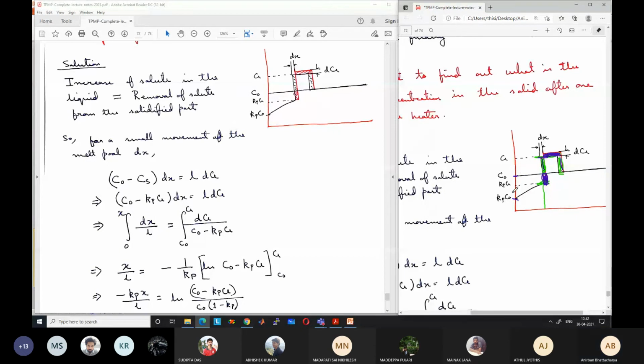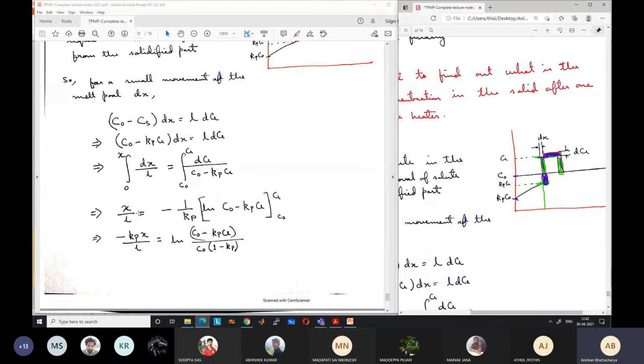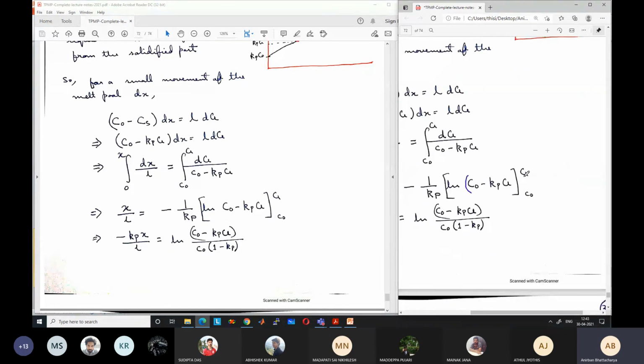Now if we integrate this, we get x by L equal to minus 1 by Kp, taking minus 1 by Kp common, ln of C0 minus KpCl. There should be a bracket here, it should be ln of C0 minus KpCl, going from C0 to Cl.